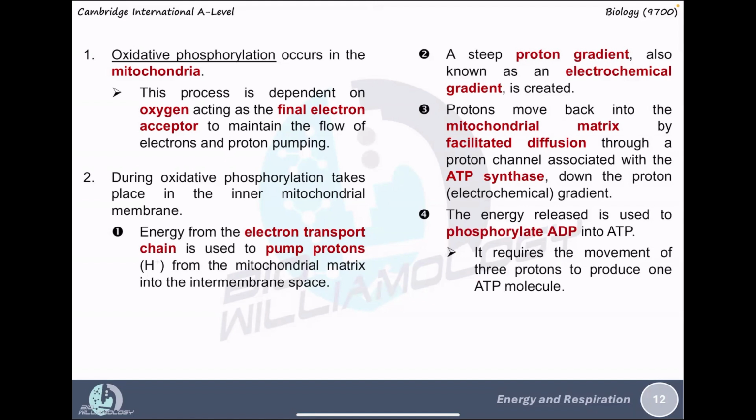ATP synthase will capture the energy released by the protons, as they go from high potential energy to low potential energy. This energy is used to phosphorylate ADP into ATP. To produce one ATP molecule, it requires the movement of 3 protons in the synthesis of one molecule of ATP.